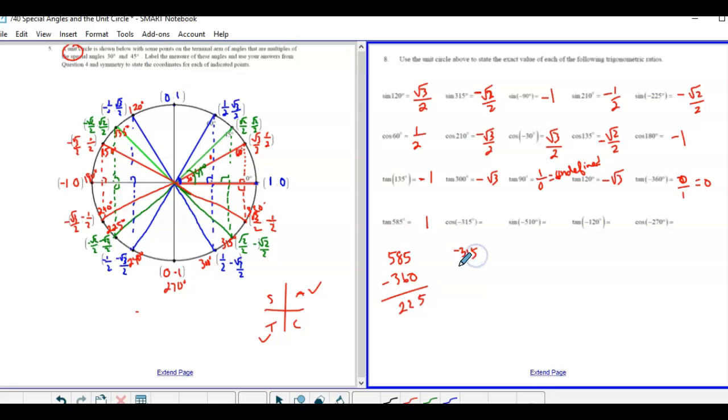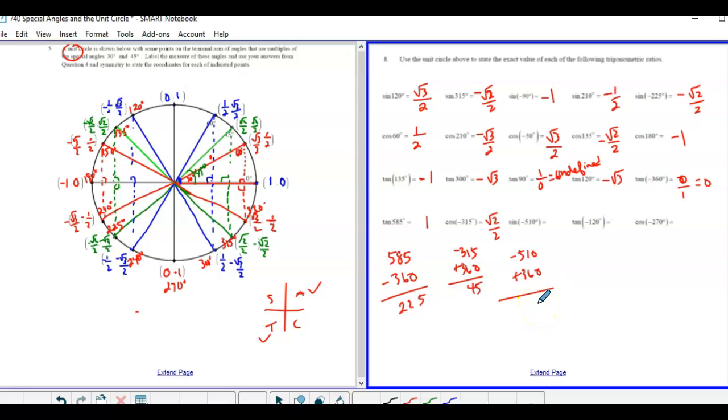Negative 315, well, if you want to, you can add 360 to that. So that's going to be positive 45. And cosine, again, for 45 is going to be root 2 over 2. It's in the first quadrant, so it's positive. Negative 510 plus 360. What's that going to be?